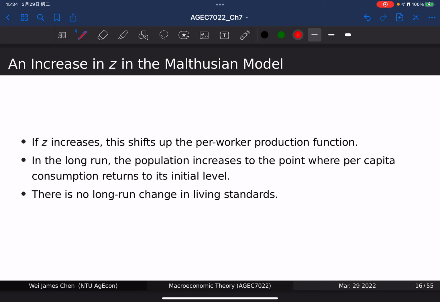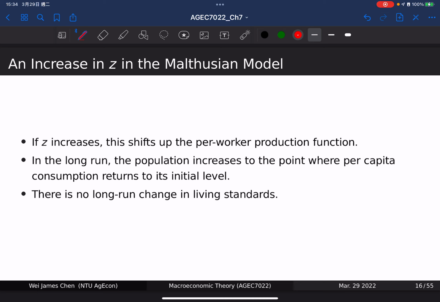And if there is a growth in consumption, population will grow. And if the population grows, it will then reduce the per worker production. Right? So in the long run, it actually goes back to the steady state, back to the initial level of consumption.